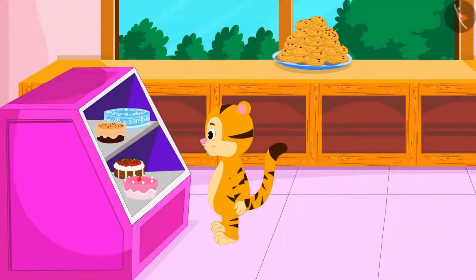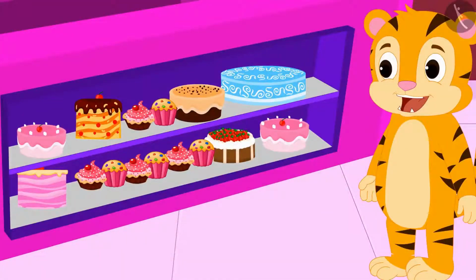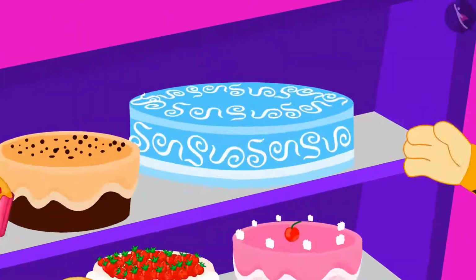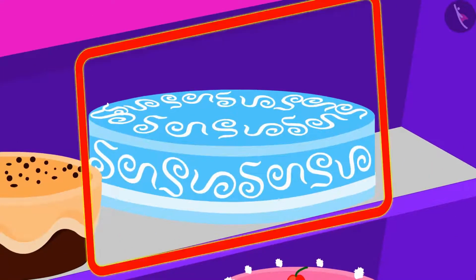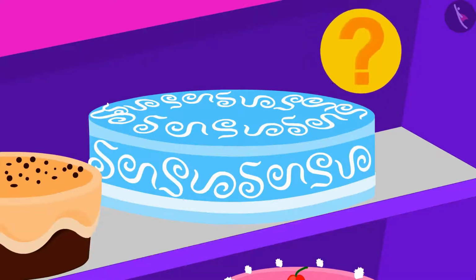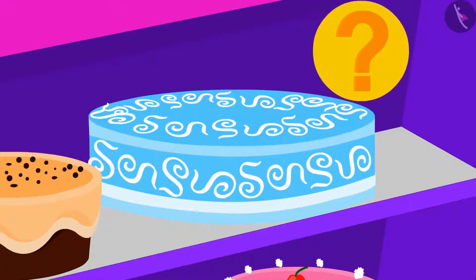In the shop, Sher Khan saw many beautiful cakes. Sher Khan liked this cake very much among them. When Sher Khan looked closely at this cake, he also saw a pattern on the cake. Children, can you recognize this pattern?